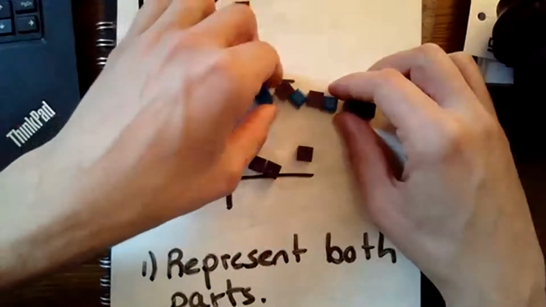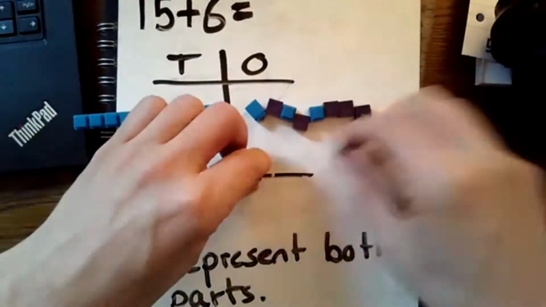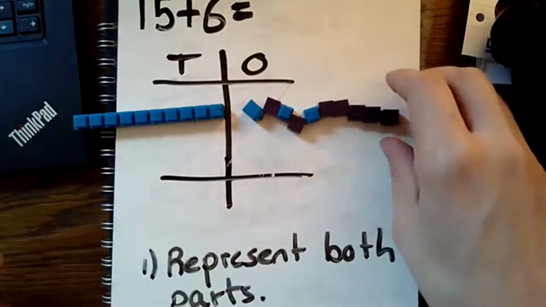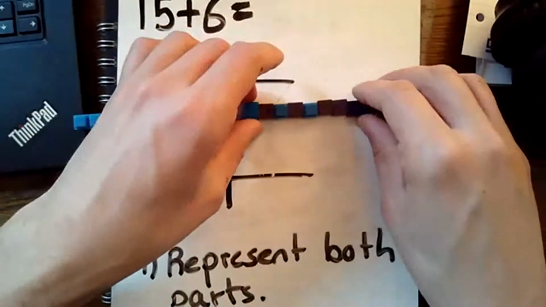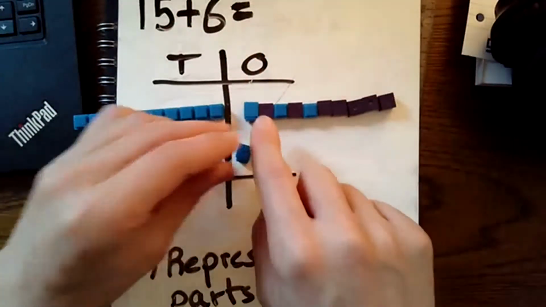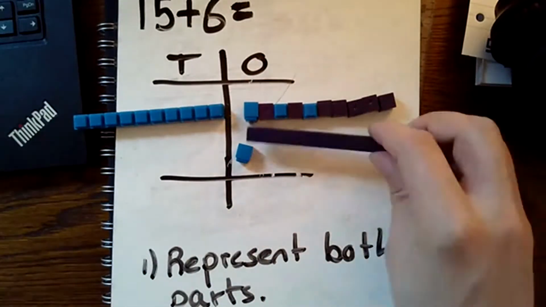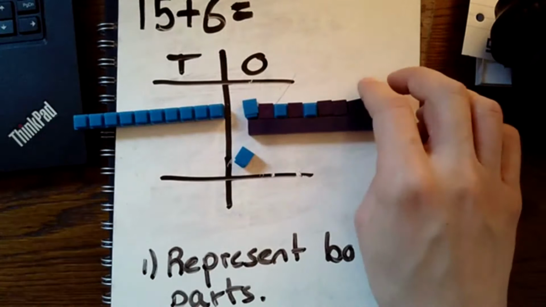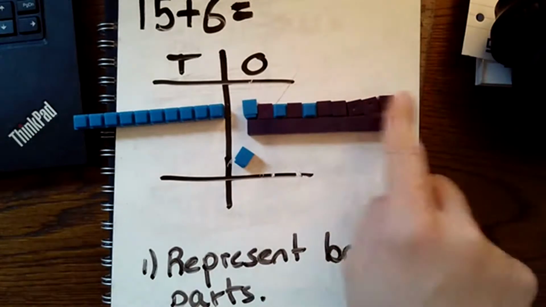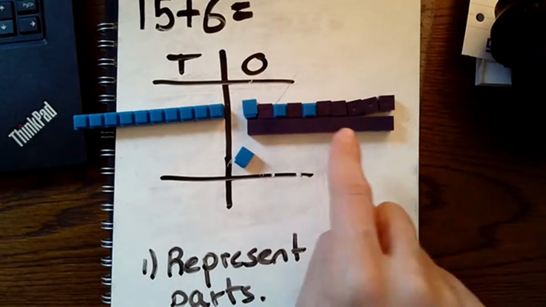1, 2, 3, 4, 5, 6, 7, 8, 9, 10. I regroup these 10 ones to be 1 ten. You can see here 10 ones has an equal value to 1 ten because they're the same size.